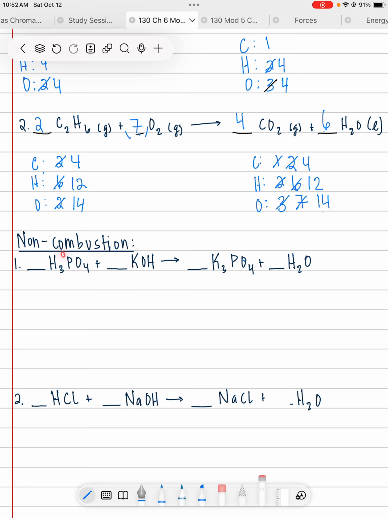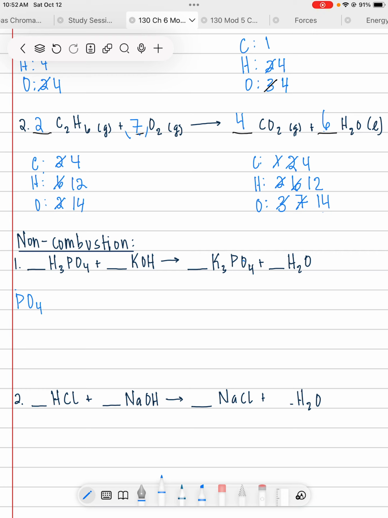I'm going to look. So I have a phosphate on this side, which is a polyatomic ion, and I have a phosphate on this side, so it stays whole, which means that if I want to, I can balance the phosphate as a whole. I don't have to break it up into phosphorus and oxygen.